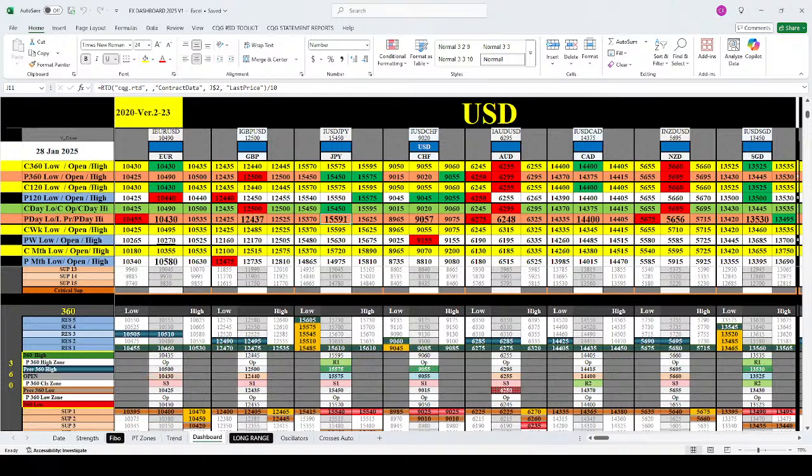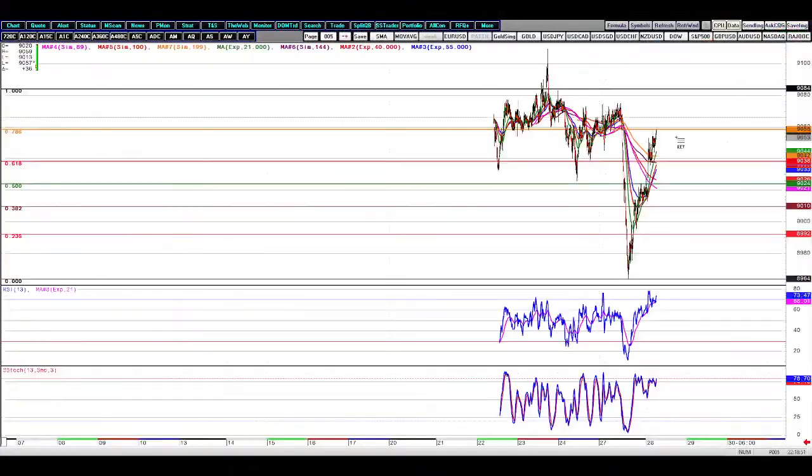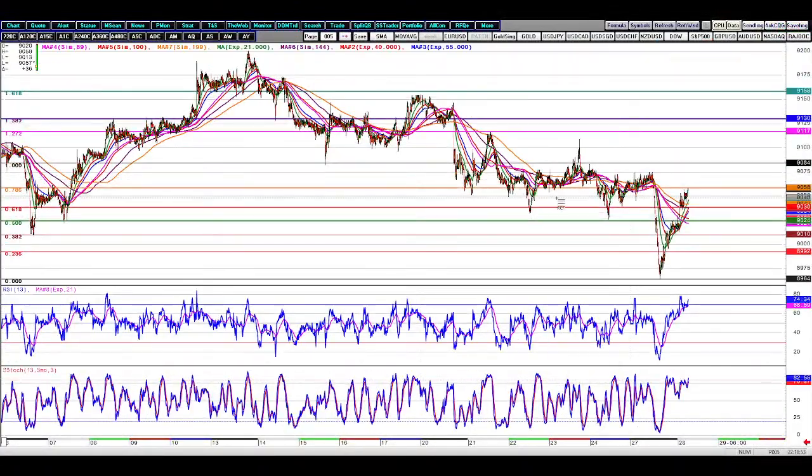Okay, so let's see what the chart is giving us.